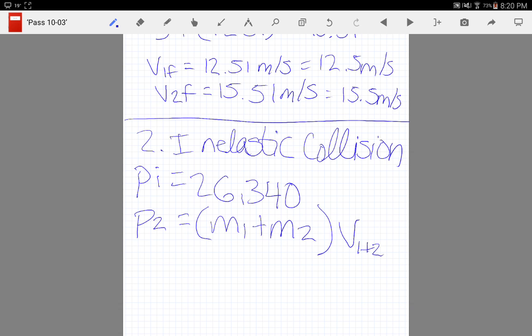Another concern I have: when do we use the little vector sign so I don't get points off on my equations? Momentum is a scalar, so it's just a magnitude.